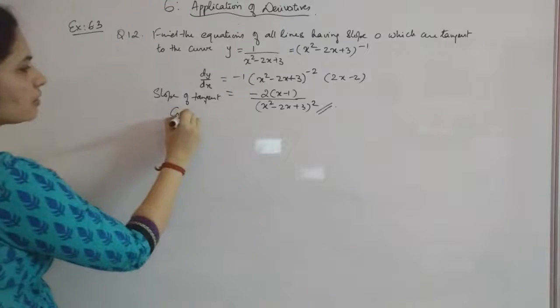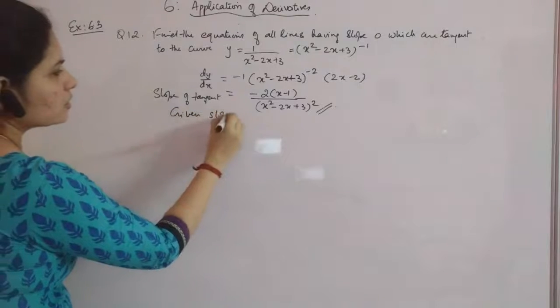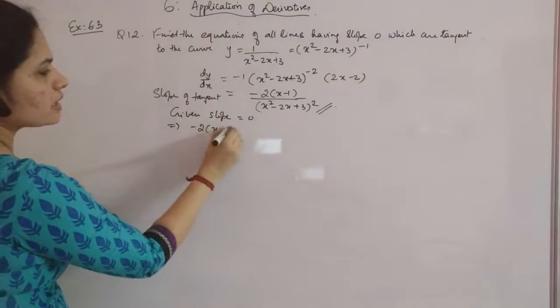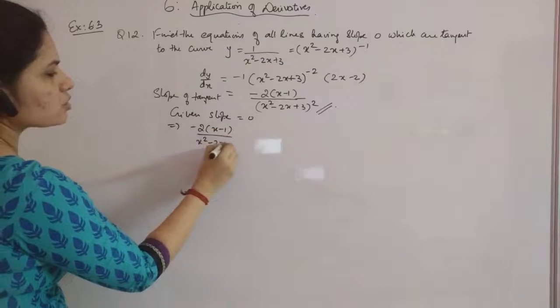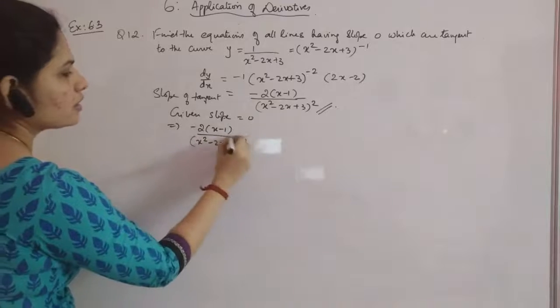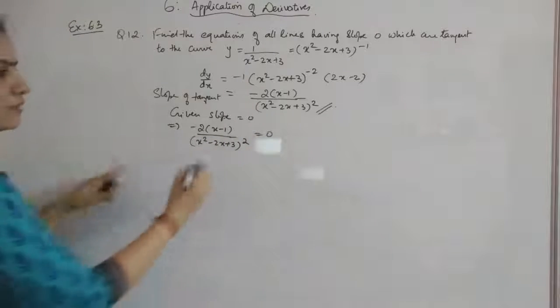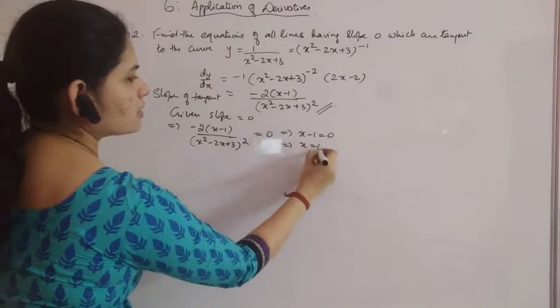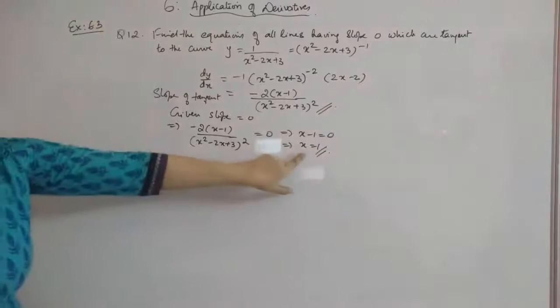That means minus 2 into x minus 1 by x square minus 2x plus 3 the whole square is equal to 0, which will give you x minus 1 equal to 0, or x is equal to 1. So you got the x coordinate.